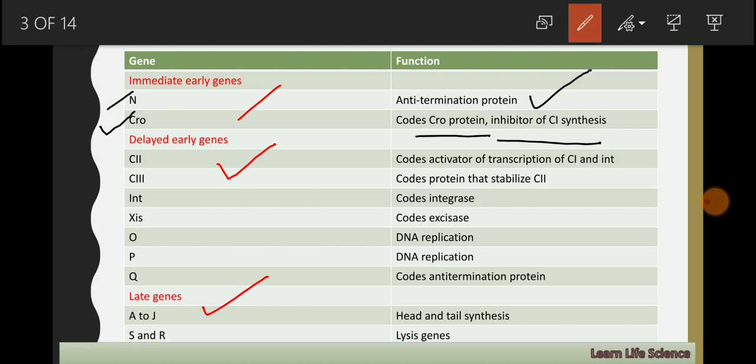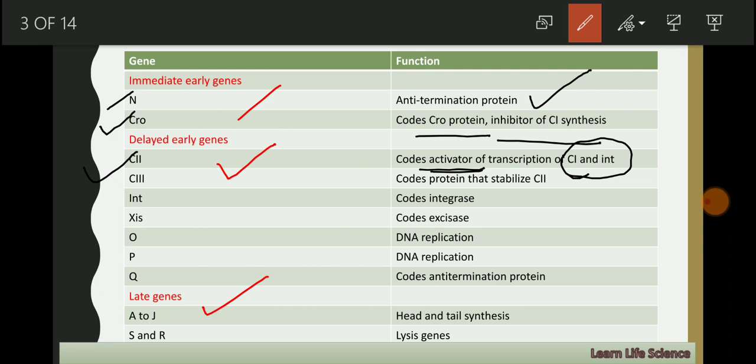Okay, then there will be expression of delayed early genes which involved C2, that is also having an important role, which codes for an activator of transcription of C1 and INT. Okay, now here C2 is encoding a protein which is going to act as an activator. Okay, activator of what? Activator of C1, that is our repressor, as well as INT gene.